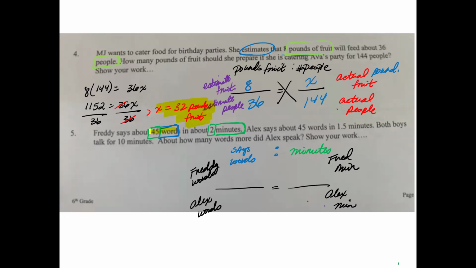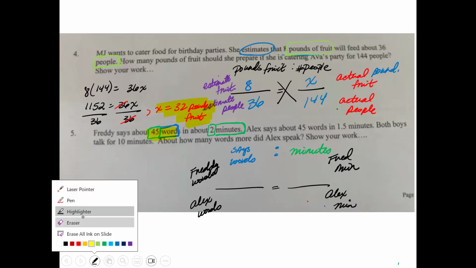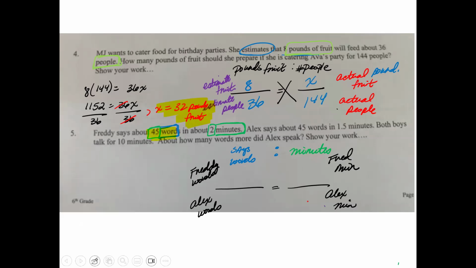the numbers. First one, 45. Where do I put that? Do we put it on the left or the right? Right is minutes. Is it 45 minutes? Is it 45 words? Words. So is words on the right or the left? Left.